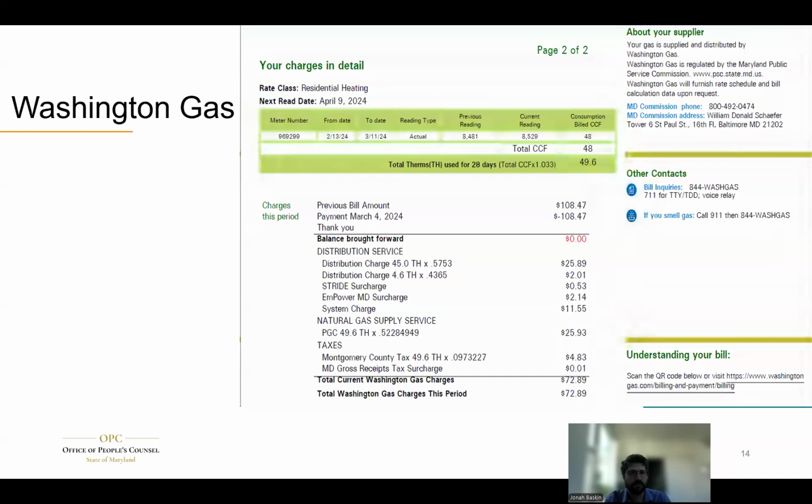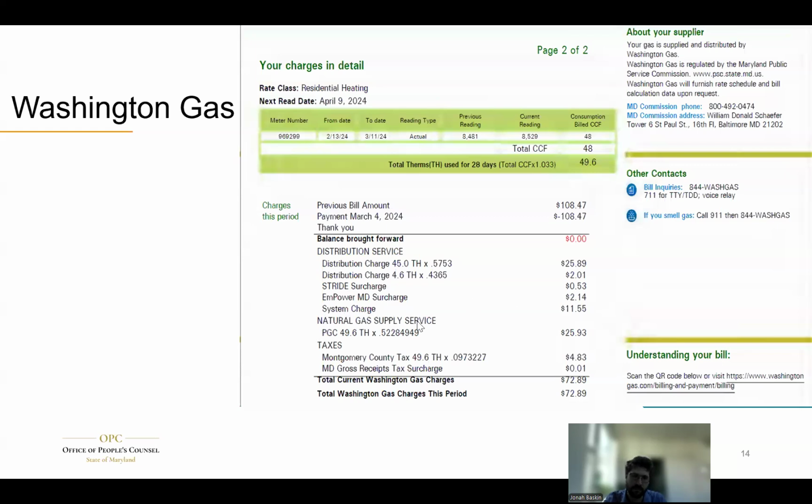This is for certain gas capital spending, and it's a special surcharge the utility uses to recover the money faster for those investments. Then there's that Empower Maryland surcharge again. So you're getting hit twice if you're having gas and electric, for that energy efficiency program that you should definitely be taking advantage of. And then we have a system charge. This is just another term for customer charge. Okay, so it's going to be a flat fee.